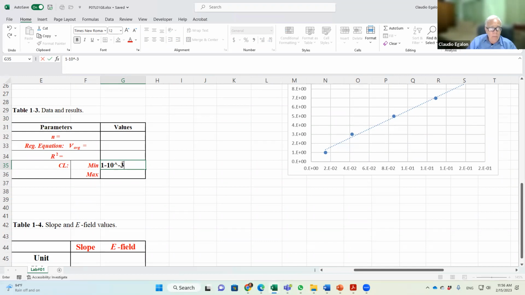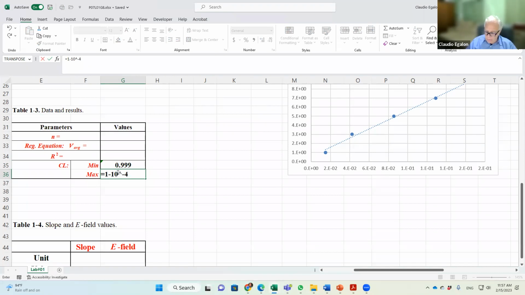Okay? And what else do we have to do? You have to put an equal sign here in Excel so it can do the math for you. Just putting 1 minus 10 to minus 3, Excel interprets that as text. It doesn't interpret that as a number. And I need you to put an equal sign so Excel can do the math and write down the number properly. Okay? Here's the same thing, 1 minus 10 to minus 4.